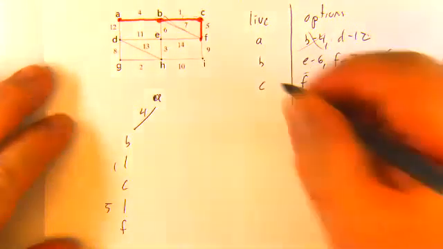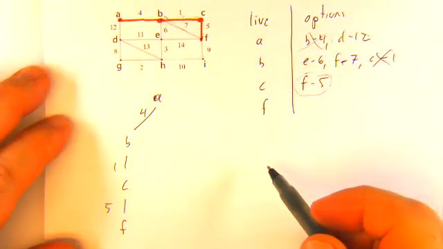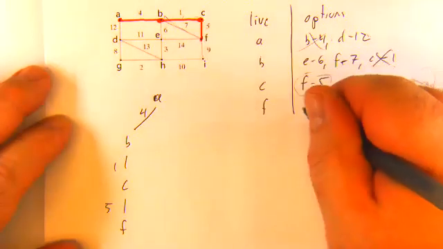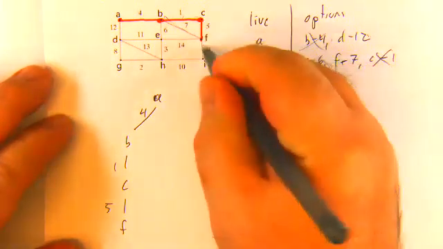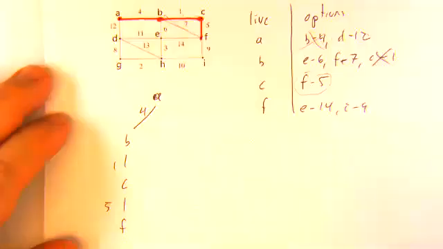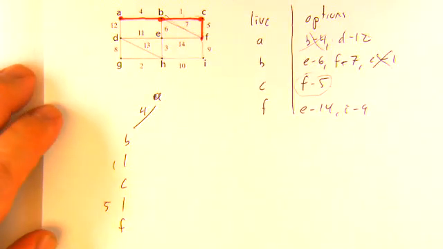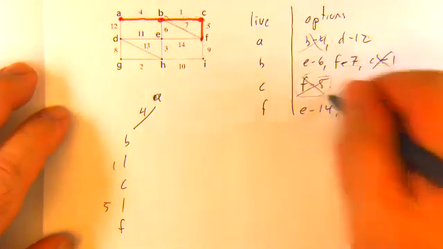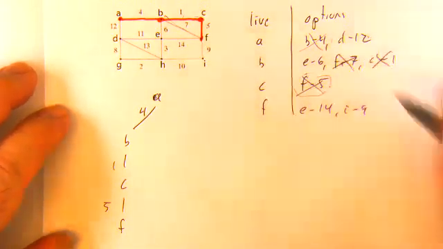Once we're at F, what are the other possibilities? From F, you can go to E. That's a weight of 14. From F, you can go to I. That's a weight of 9. So all of these are live. You can consider whichever one you want to go to, but F is no longer an option because we've been there.